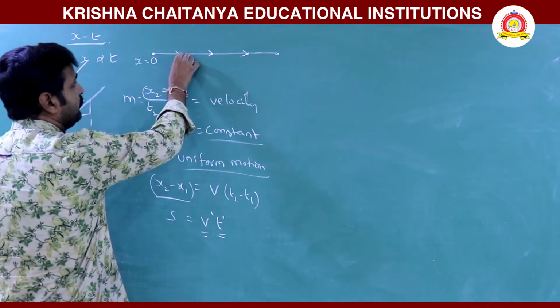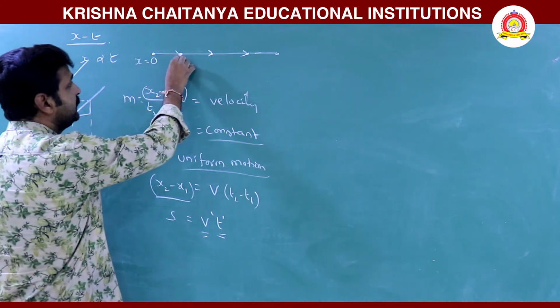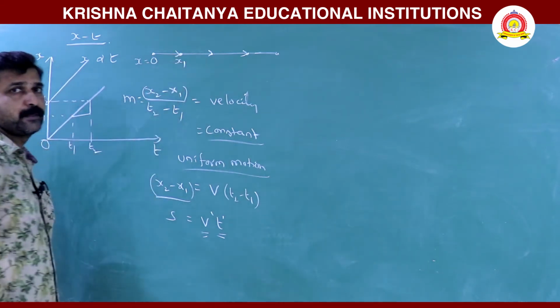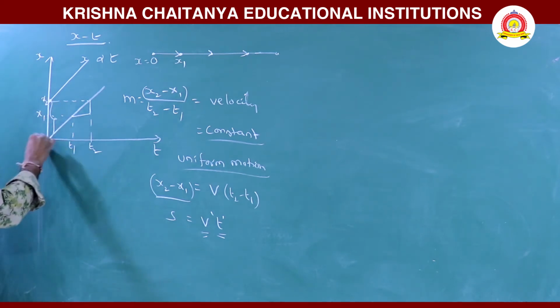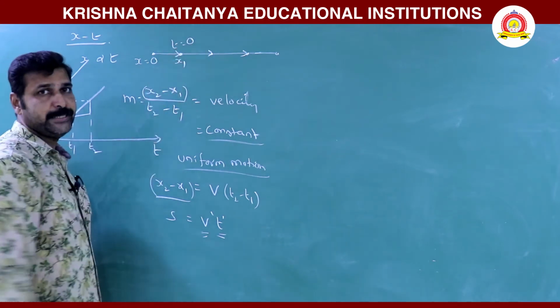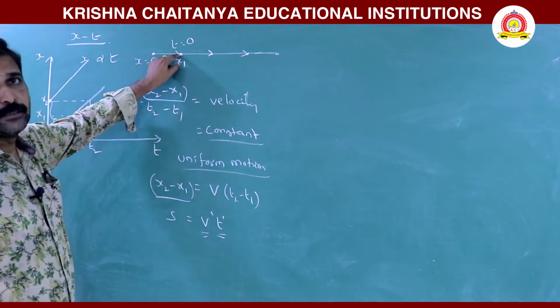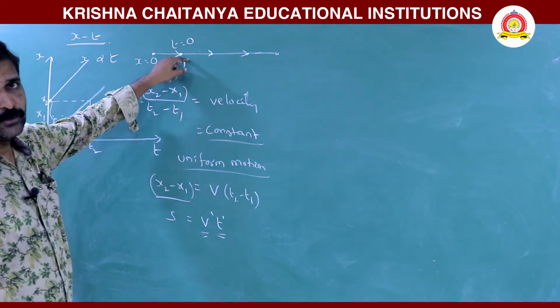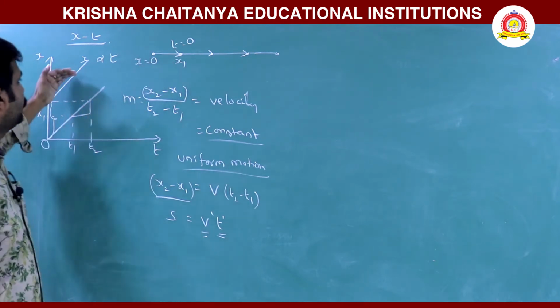If the graph starts from here, motion is observed from the origin, but the body initially has some position. So at t is equal to 0, the body starts from position x1, of course, other than the origin. That is the only difference between these two graphs.